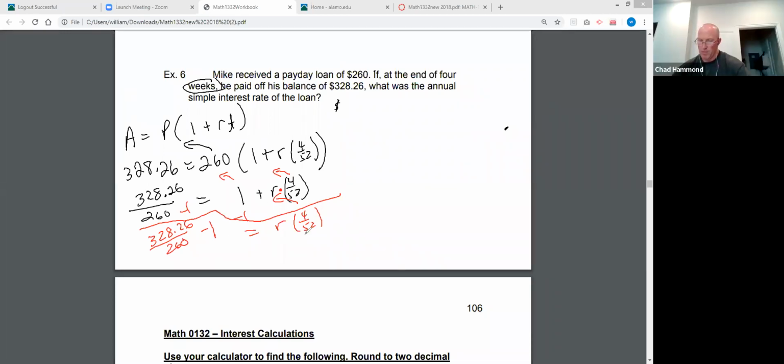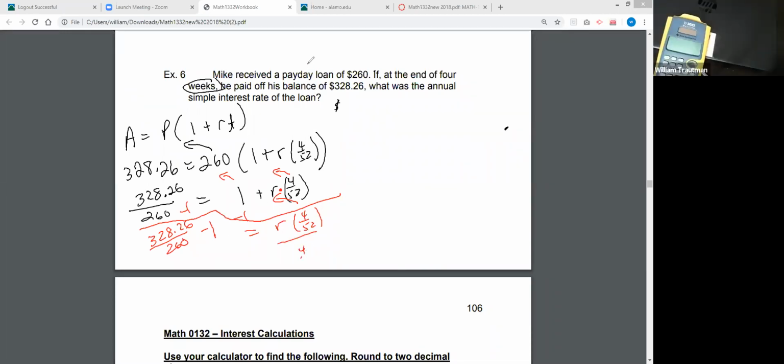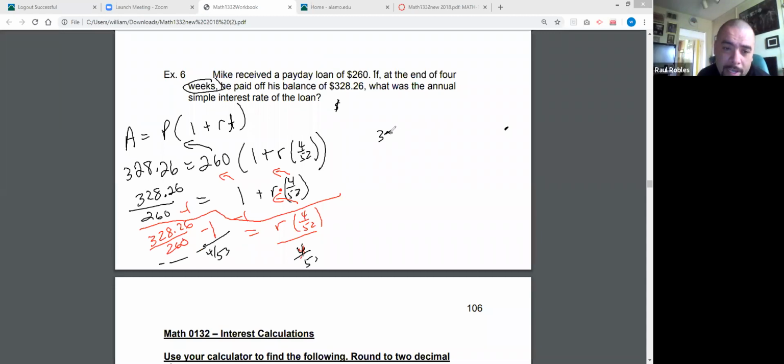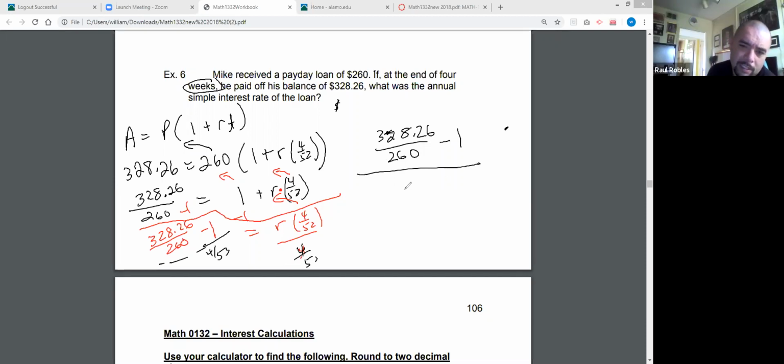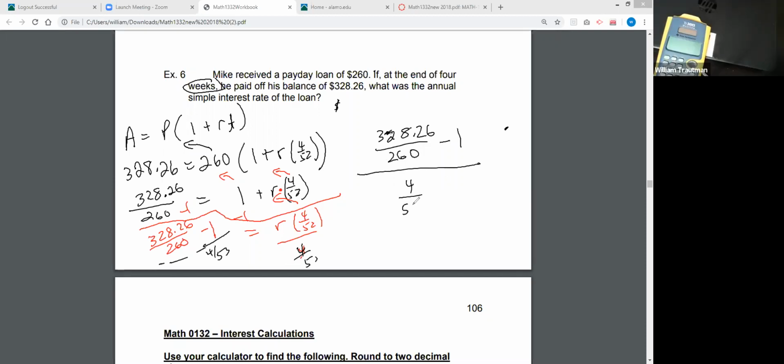So I want to divide this side by 4/52 and divide this side by 4/52. So what I have is 328.26 over 260 minus 1, divided by 4/52, not 4/53.